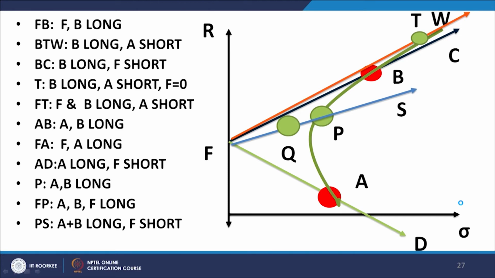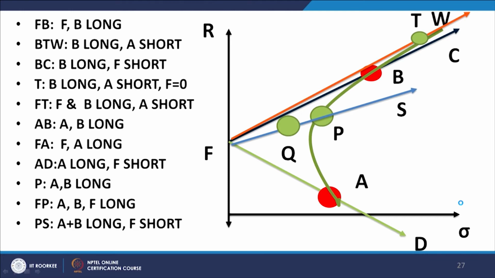So, FAD is a straight line, P is an arbitrary point on AB, S is an arbitrary point on FP extended, and Q is an arbitrary point which lies between P and F. So, this is the description of the various symbols that we have on this slide. Now, let us see what each of these lines and the symbols represent.